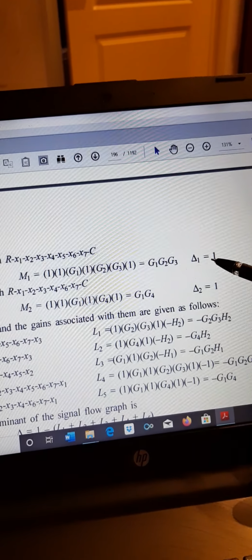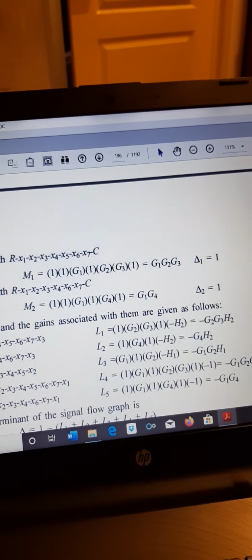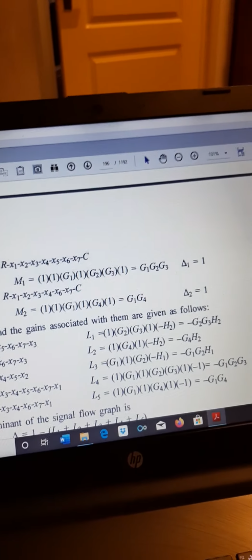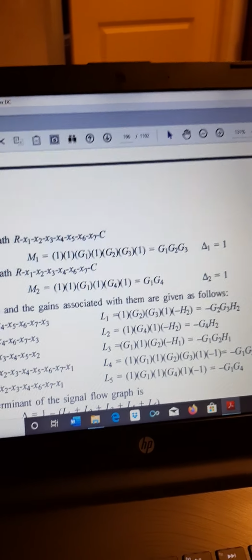So delta 1 is equal to 1, delta 2 also 1, corresponding to the forward path 1 and forward path 2.